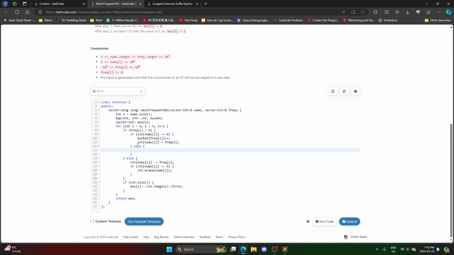Well, so if the count number is, if freq of I is equal to CNT nums of I, then we delete it.